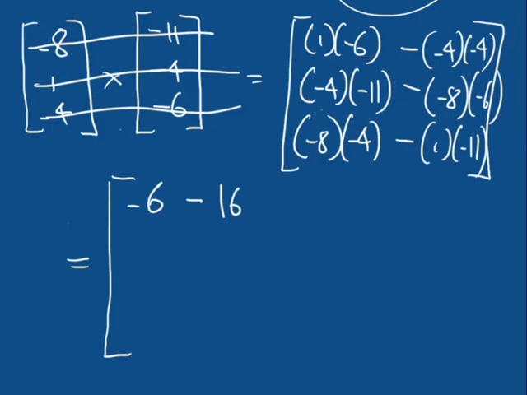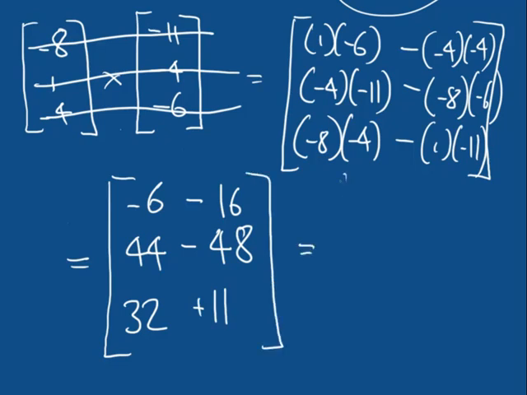Minus 4 multiplied by minus 11 is positive 44. Minus 8 multiplied by minus 6 is positive 48, so we're subtracting positive 48. Minus 8 multiplied by minus 4 is positive 32. 1 multiplied by minus 11 is minus 11, so we're subtracting minus 11, which means we're adding 11.